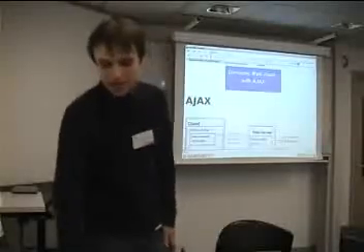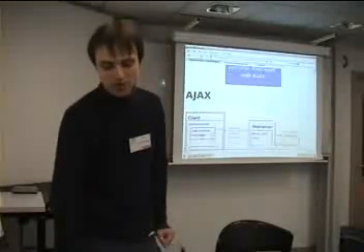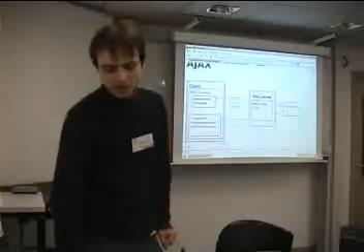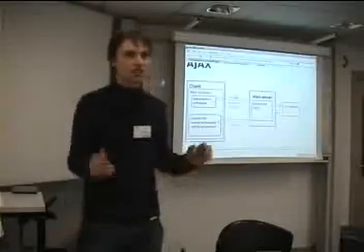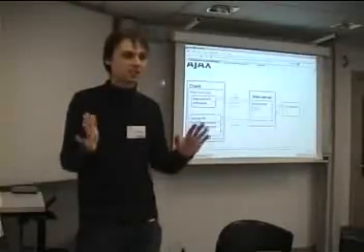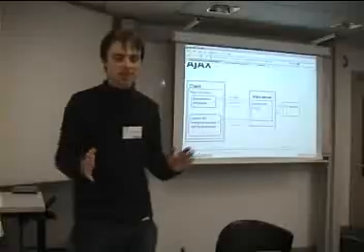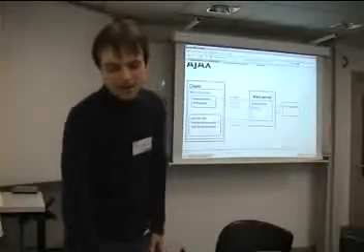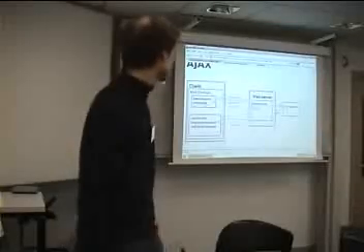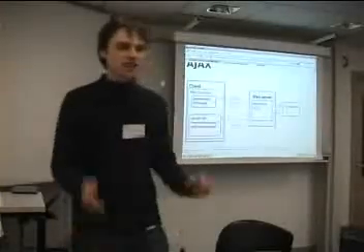Right, so a diagram as to how AJAX works. As I said, it's all about communicating with a web server without having to reload the page, without having to suspend interactivity between the user and the browser. So this is typically how it would work. The user interacts with the page in some way, so that's an event.